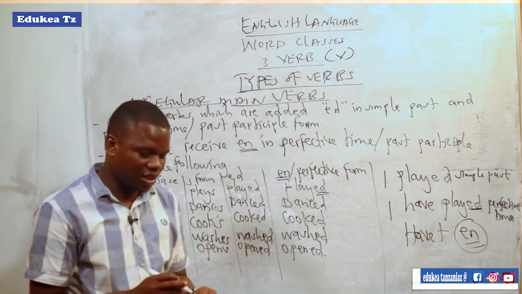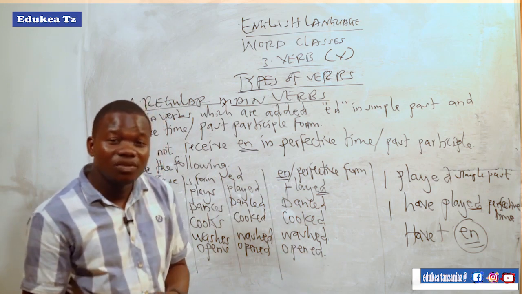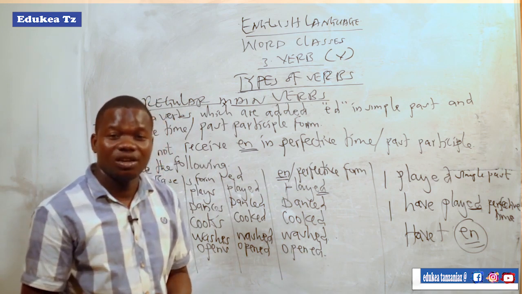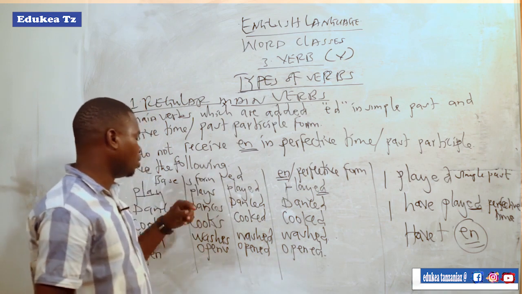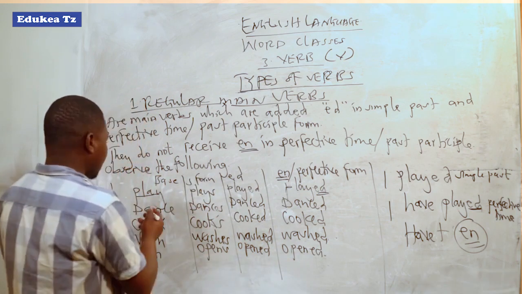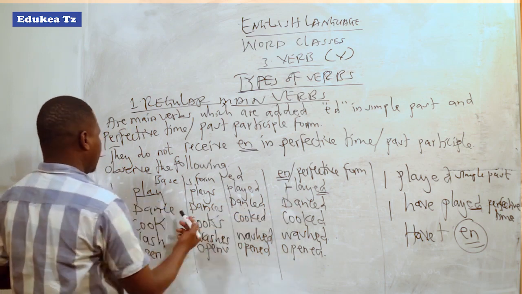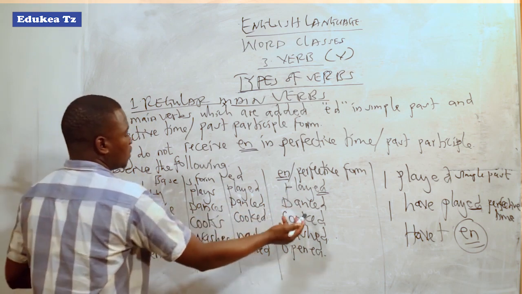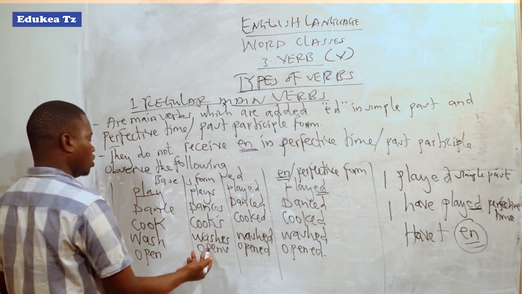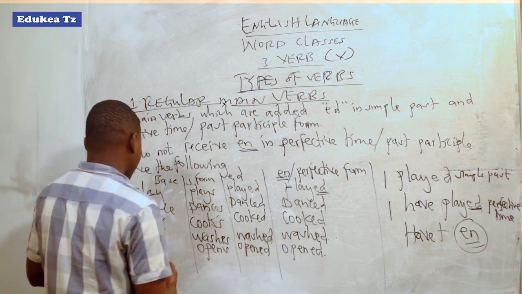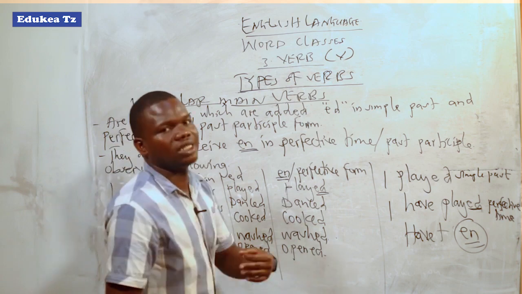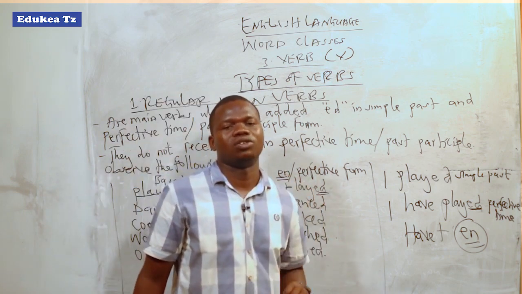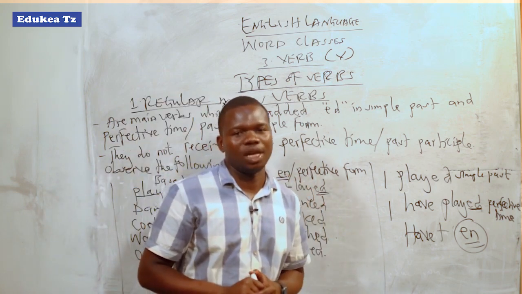So this is the difference between regular main verbs and irregular main verbs. Some examples are dance, dances, danced, danced; cook, cooks, cooked, cooked; wash, washes, washed, washed; open, opens, opened, opened.